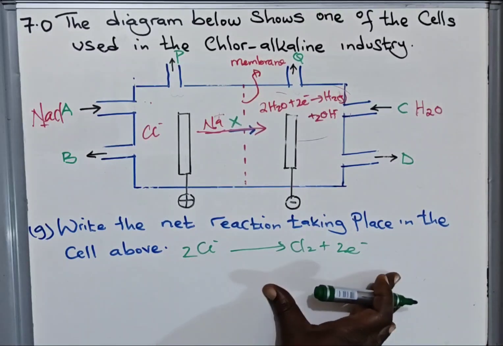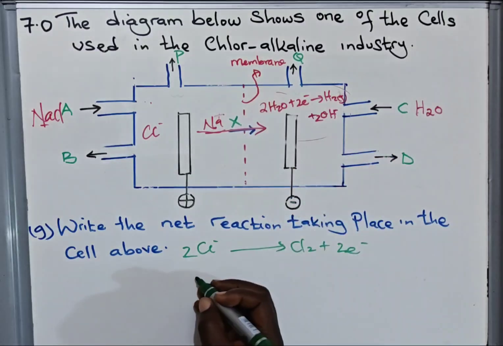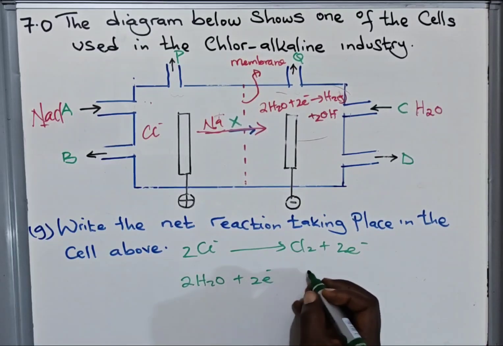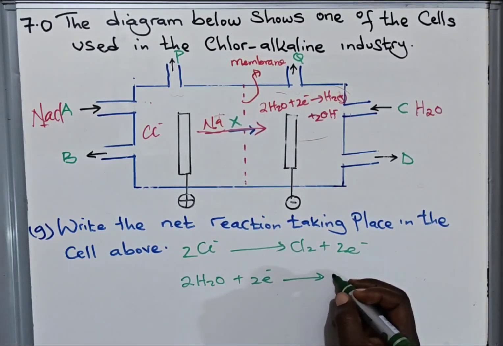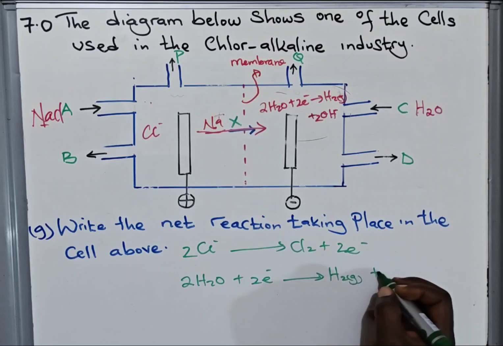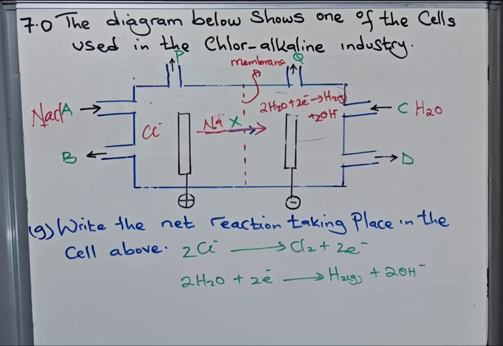So this is the reaction we know, which took place at the anode. And at the cathode, what do we have? We have water undergoing reduction to give you hydrogen gas plus 2 hydroxide ions.